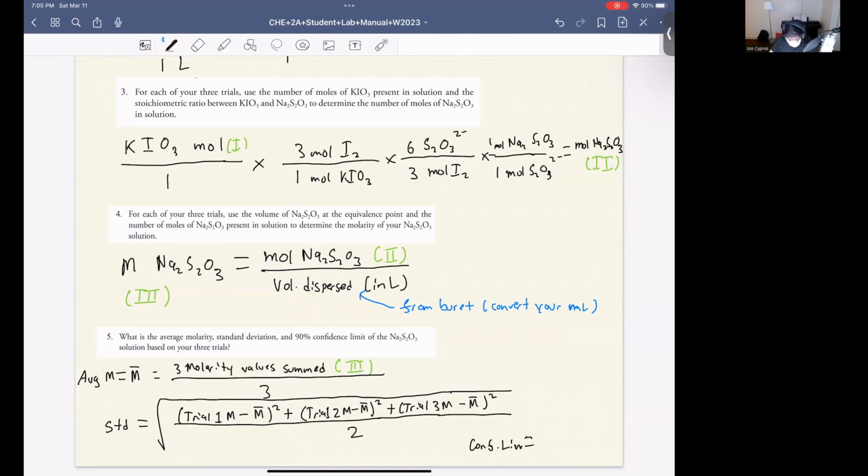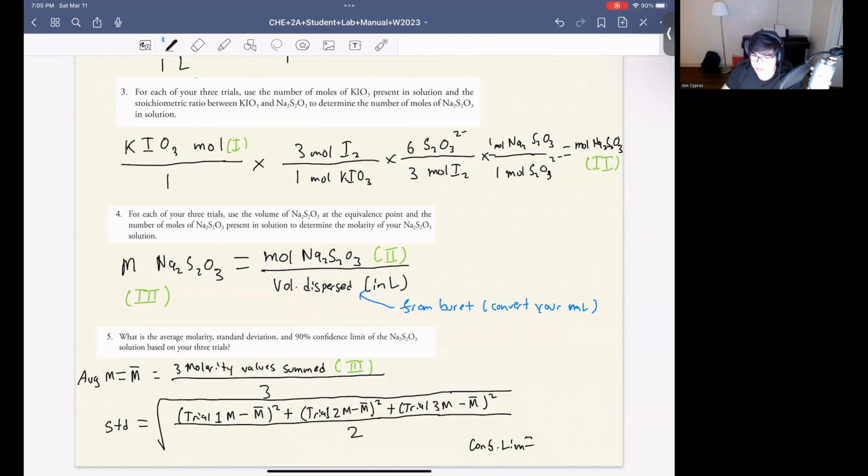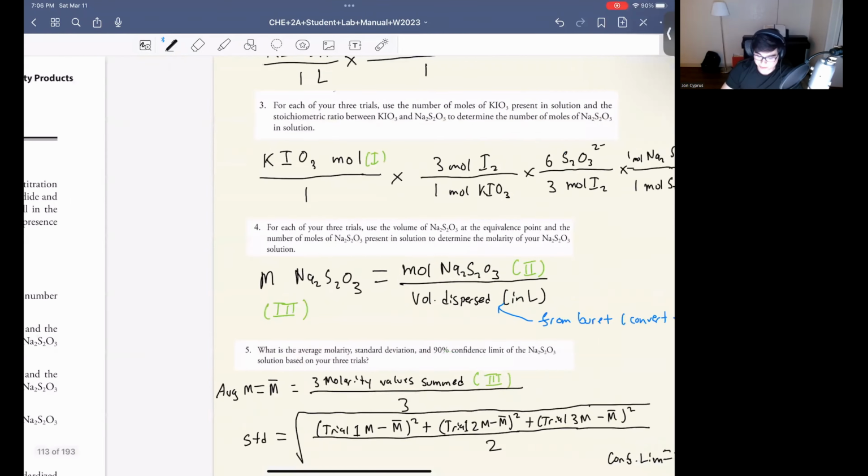The formula is going to be your T critical, which in this case, let me double check, it's going to be 2.92, times the standard deviation over the square root of n, your number of trials, which is going to be 3 in this case. All right, and then that's it for this first part.